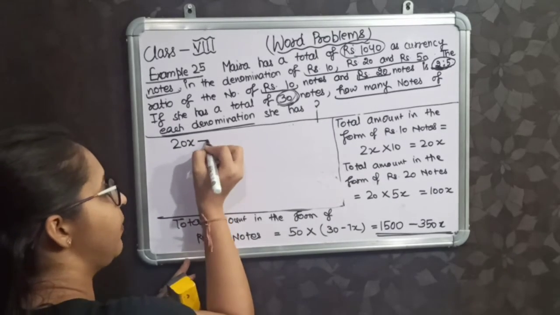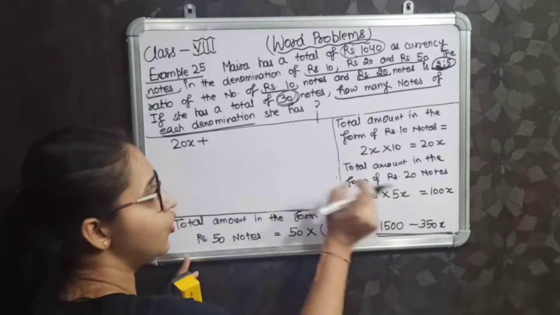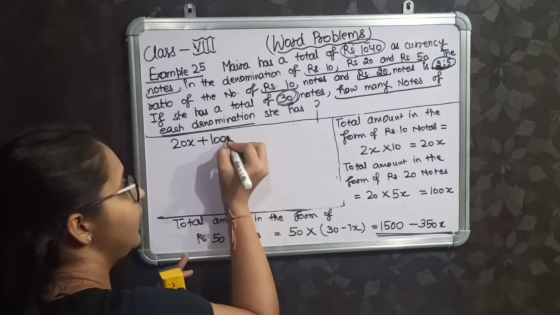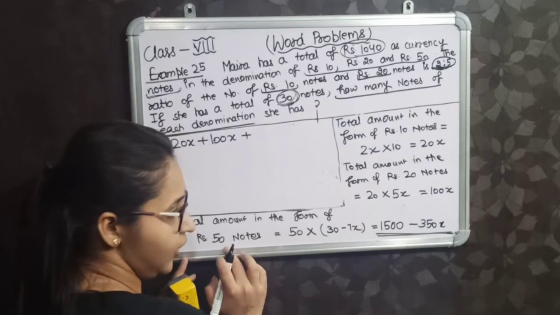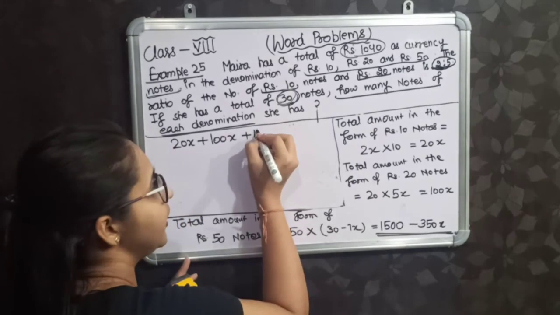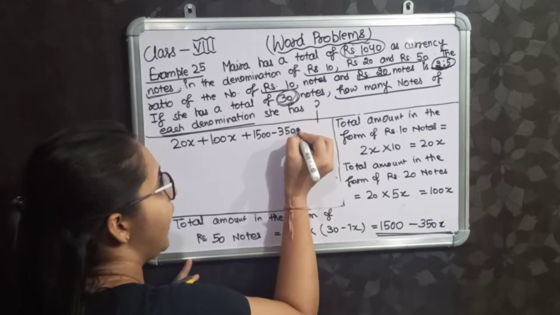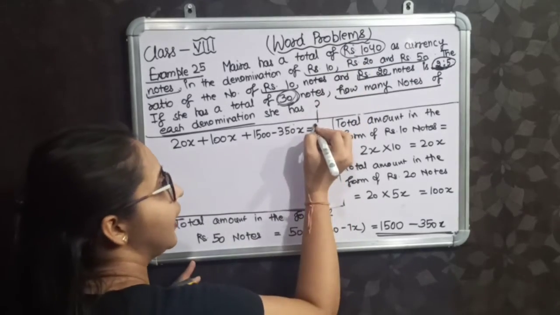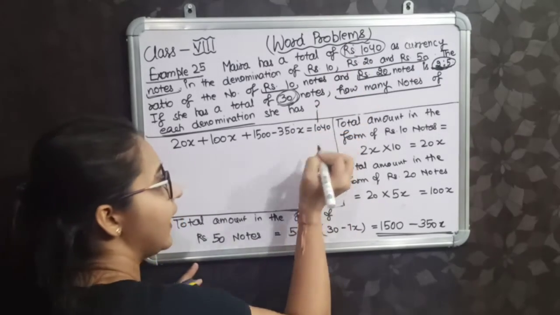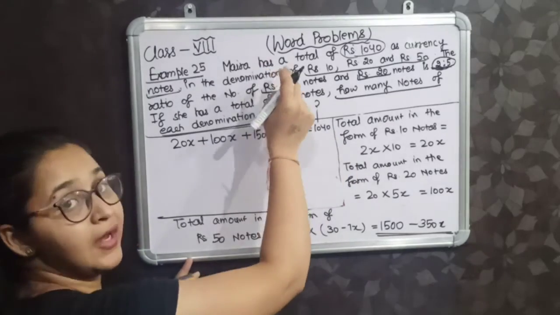Plus the amount in the form of rupee 20 notes is equal to 100x. Very good. Plus the amount in the form of rupee 50 notes is equal to 1500 minus 350x. And this is equal to 1040. Why? Because this is my total amount that Myra has.